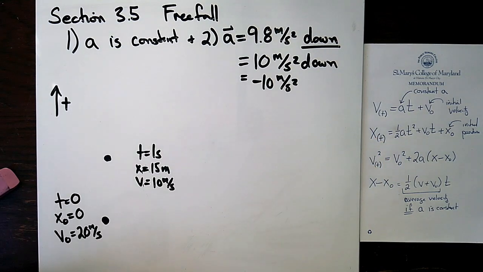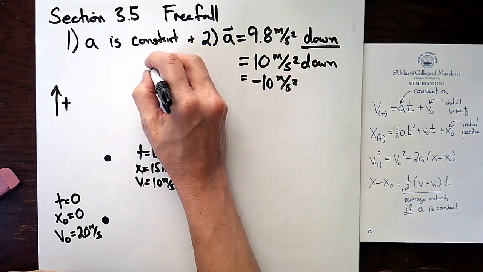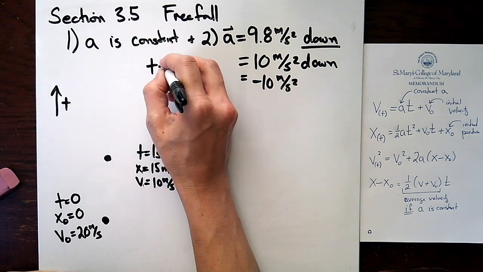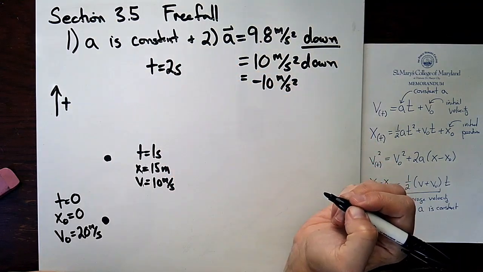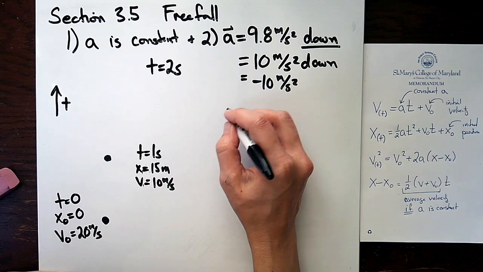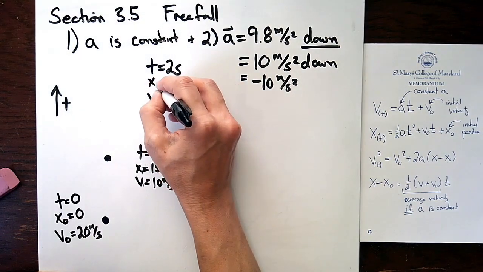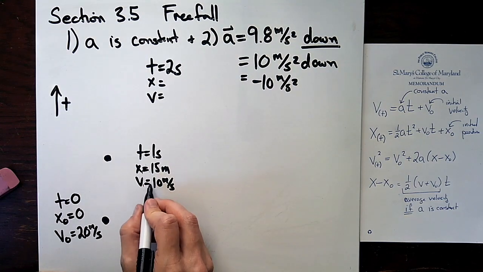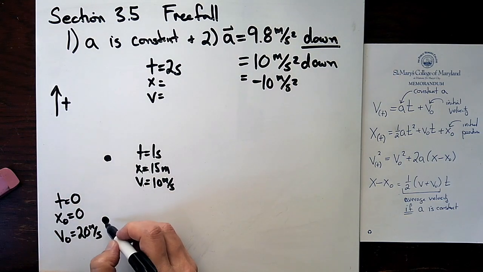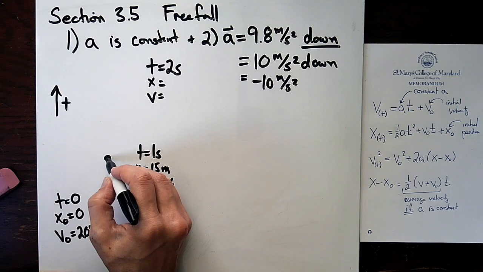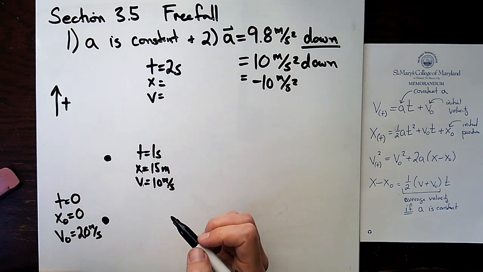Next second has passed. Where are we when t equals 2 seconds? What's our position? What's our velocity? Oh, and again, these guys are both positive numbers, so that means we are higher. We are up here, and we are traveling in the upward direction.